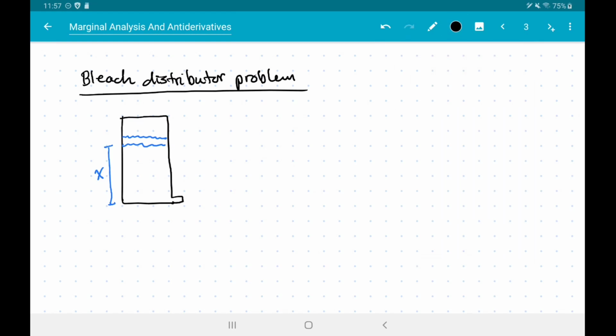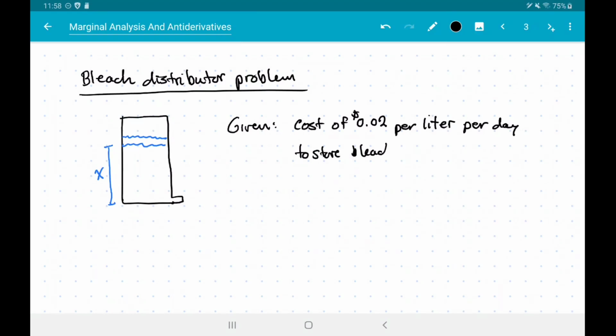So remember, we are told that there's a cost of $0.02 per liter per day to store bleach. The cost that this liter up top accumulates before it's sold depends on how long it takes to sell all of the liters underneath it. We have to sell all of that before we can sell the one on top.